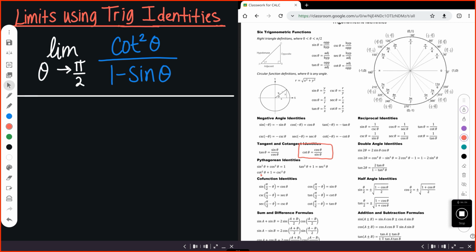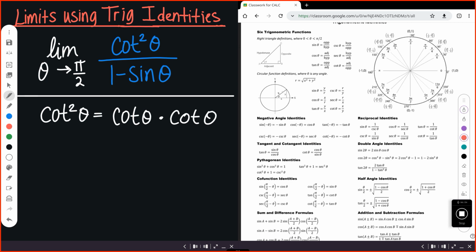But if you think about this, cotangent squared theta, all we're really saying is cotangent theta times cotangent theta. So we can apply the same concept to this identity here.